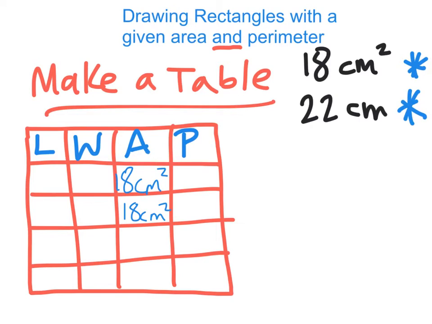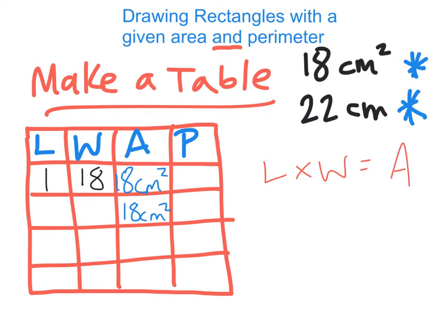Well, knowing our strategy of length times width equals area, what times what would give us 18? Well, if we start with 1, which is the easiest to start with, 1 times 18 gives us 18. Excellent. Well, let's find the perimeter of that rectangle.